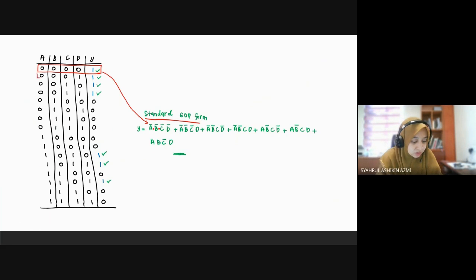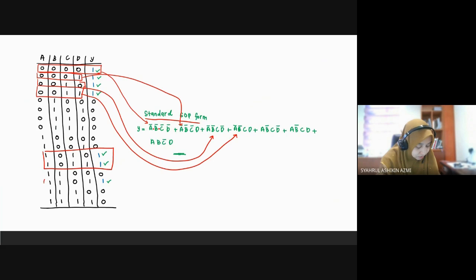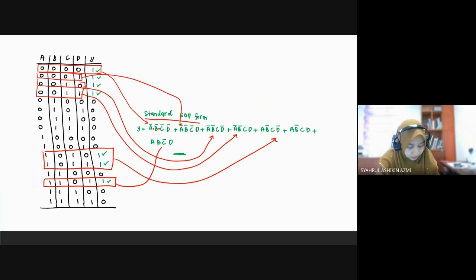Okay, 0, 0, 0, 1 here, which is the second input here. Okay, and then follow the next one. This one here, and this one here. Just take the ones with output of 1. These two here, and 1 here. So there you go, the standard SOP form.